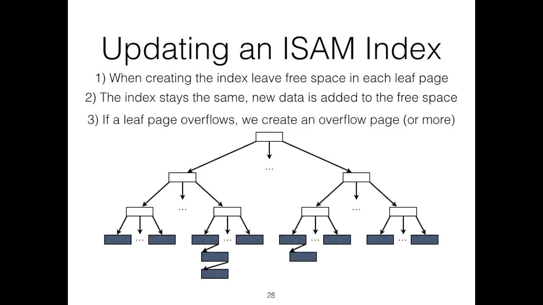There is one reason that you wouldn't want to do that, and that's the argument I was making a little earlier, that all of your data is in one contiguous sequence of pages.